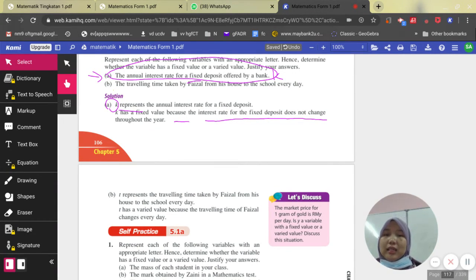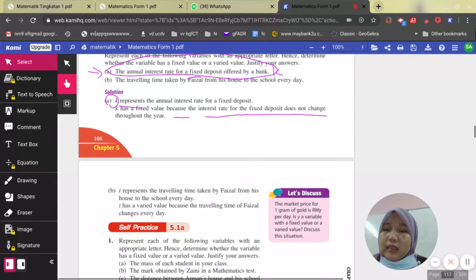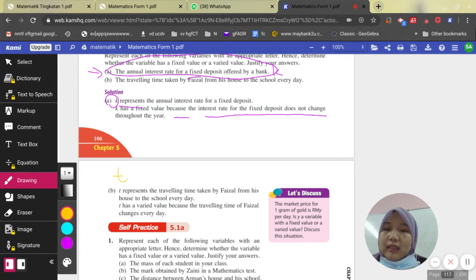Masa yang diambil oleh Faizal untuk bergerak dari rumah ke sekolah setiap hari. So, kita pilih dulu satu huruf. Huruf apa yang sesuai? Okay, since this is about time, so cikgu akan pilih letter T. Okay, so what is T? T represent the travelling time taken.